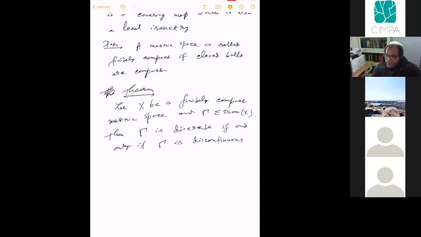So if you want to take only discrete subgroups, then it is enough to take discontinuous action for the kind of good spaces we are considering. But if you want X mod gamma to be a manifold, then the action has to be free. Otherwise, there will be singularities and cone points.